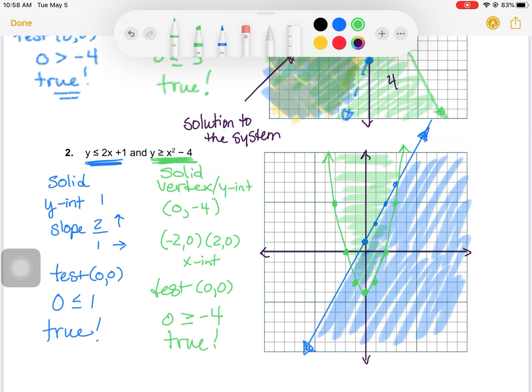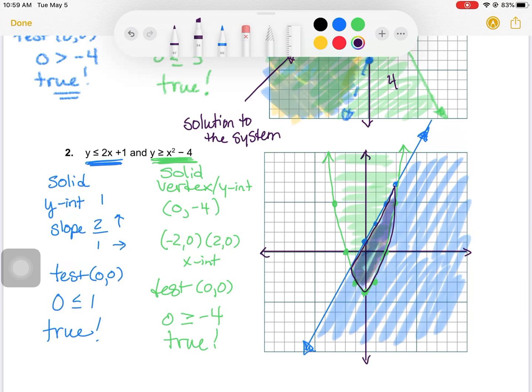But again, I'm going to go over my solution set. We're looking for the overlap of these two regions. So the final solution would actually be this part of the parabola, this part of the line, and then let's go ahead and shade this in kind of dark.